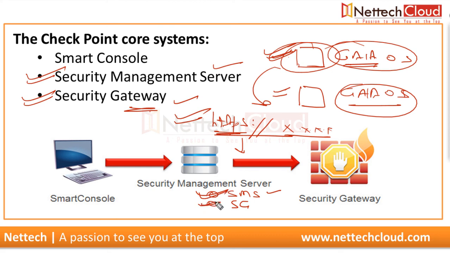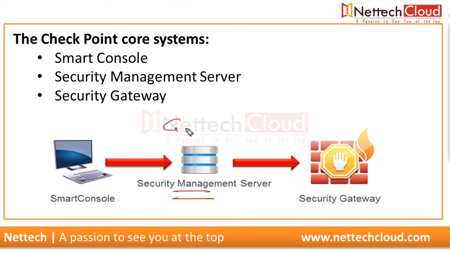If we select both, it means we are going to run both. And let's say I want a dedicated SMS and a dedicated SG, I mean distributed. Then on one appliance I select SMS and on the other SG, right? It means during operating system installation there is no way to select SMS or SG. Once OS installation has been successfully done, during initial configuration you have the option to choose between SMS and SG or both, because SMS and SG both run on top of what? The Gaia operating system.